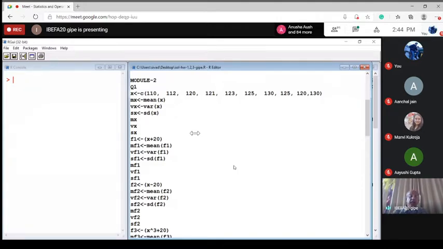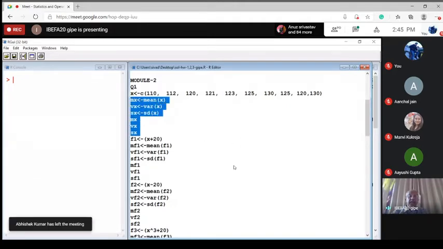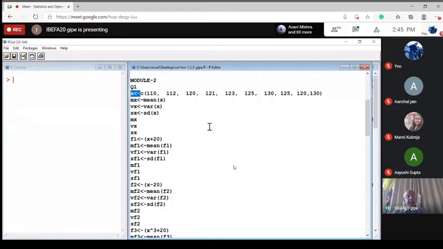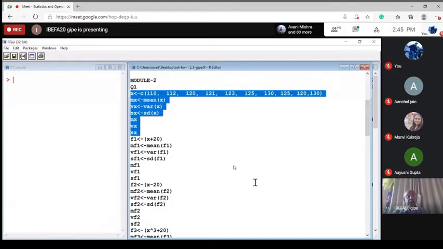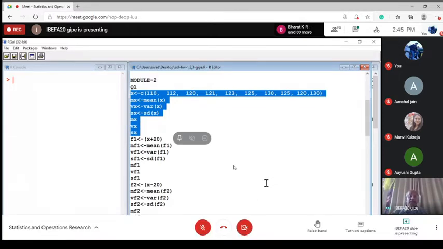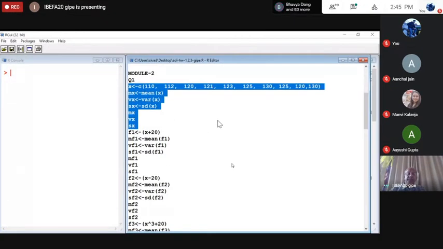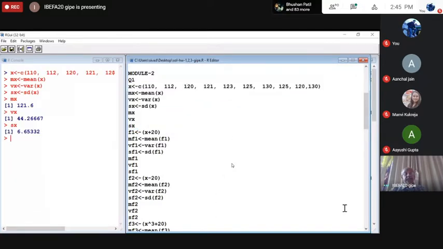I computed the mean, variance, standard deviation. That is the first part. Data values, mean value, variance value, standard deviation values, and the output. Got it.